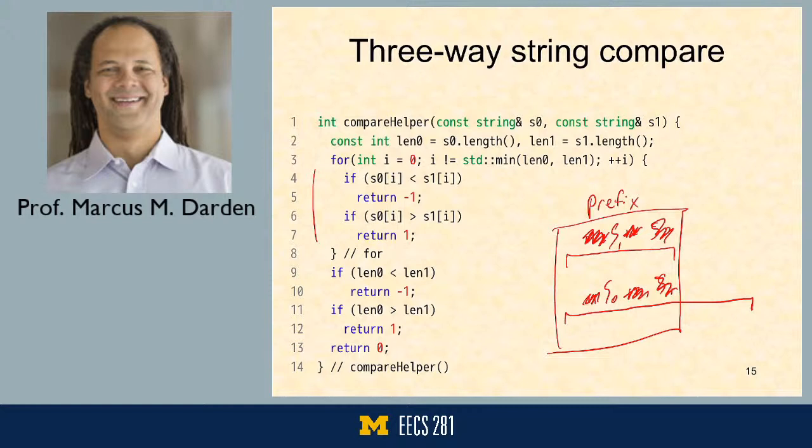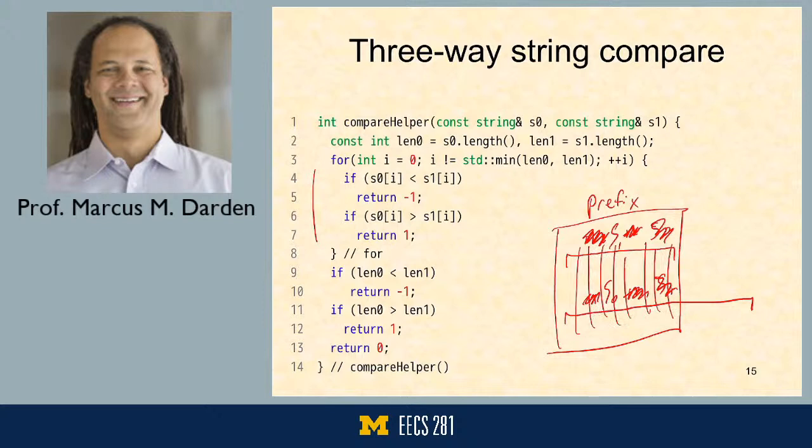It compares each pair of characters twice. So three-way string compare has to look at whether S0's I is less than S1's I, and then it turns around and asks whether S1's I is less than S0's I. So there's a 2 times comparison for each of the characters in this prefix.